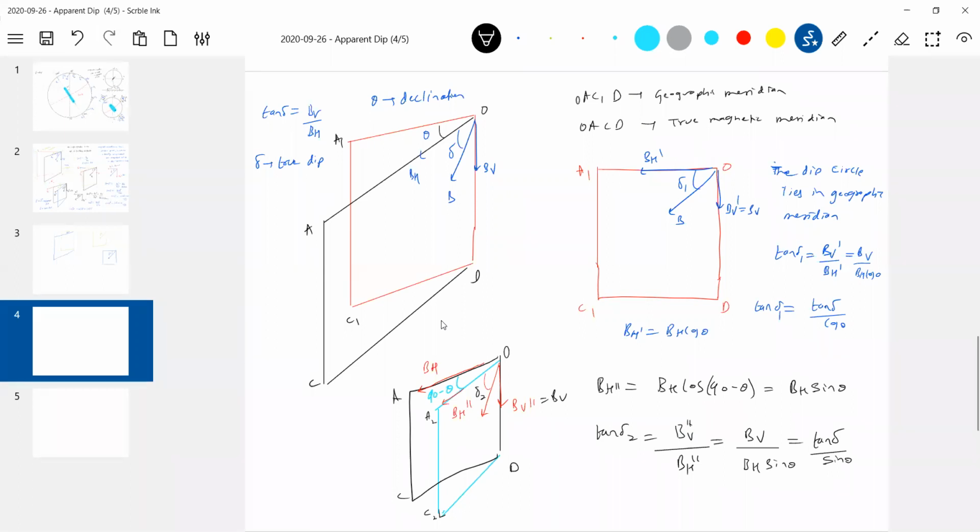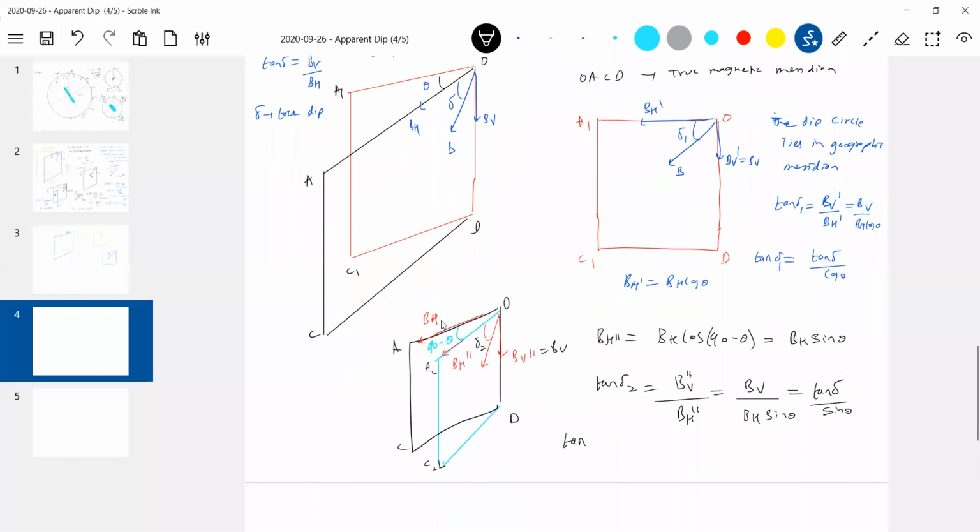Let me divide these two equations. Tan delta 1 by tan delta 2 will become 1 by cos theta over 1 by sin theta. This will be tan theta. So what are delta 1, delta 2?